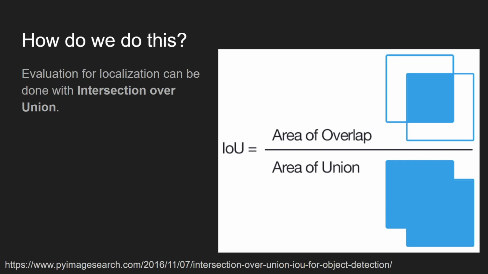So the way we're going to evaluate these is through this intersection over union metric, in which case we're going to take the area of the overlap, how much of the two boxes, the real box and our generated box, overlaps, over how much of that area is there in total.